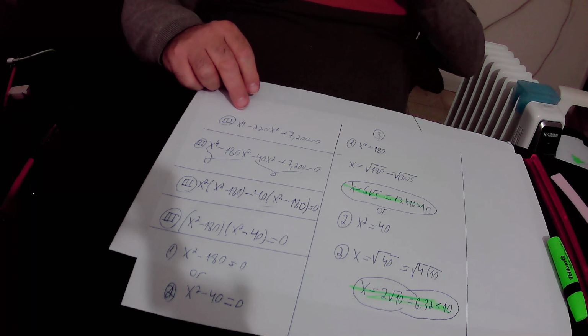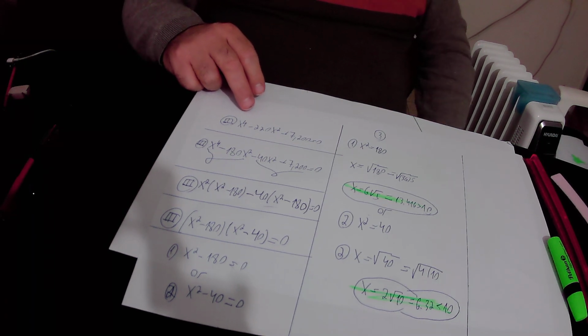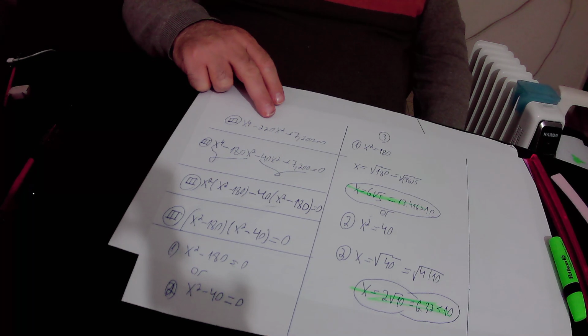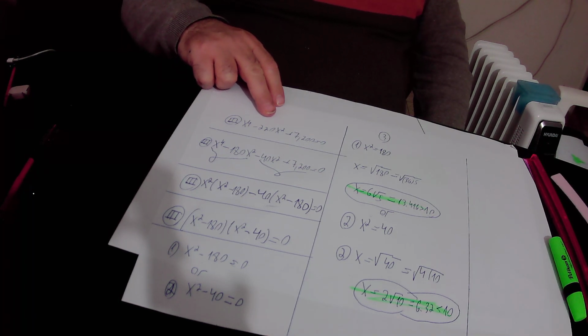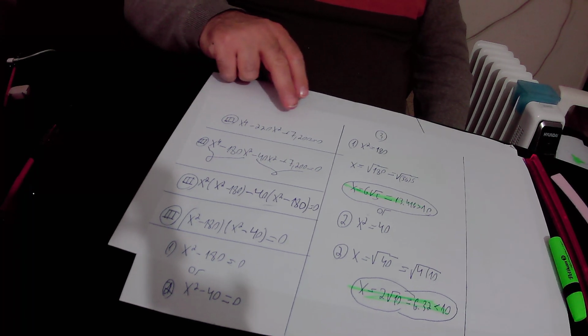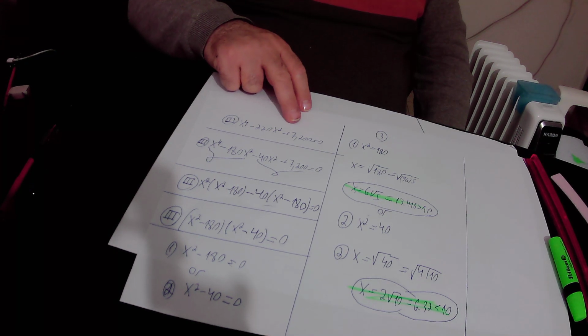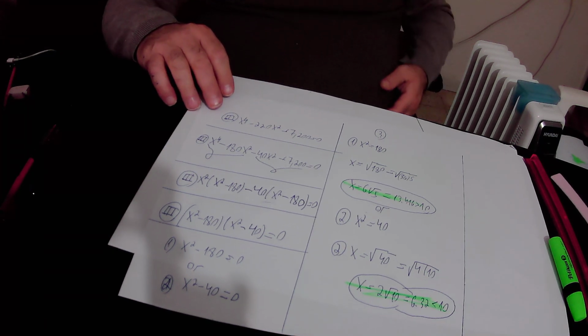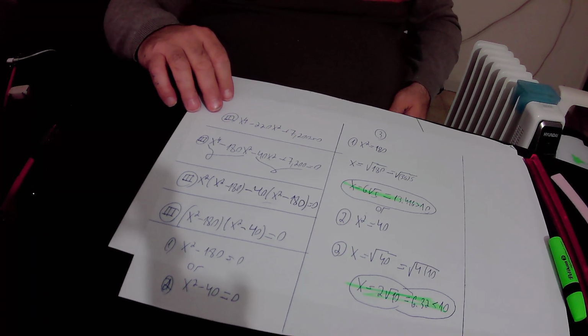So in conclusion we got that x to the power of 4 minus 220x squared plus 7,200 equals 0.